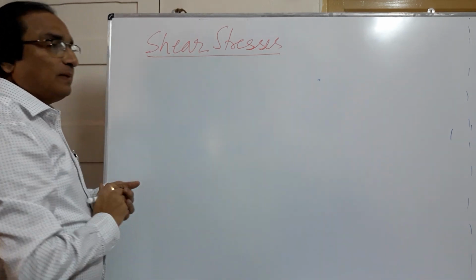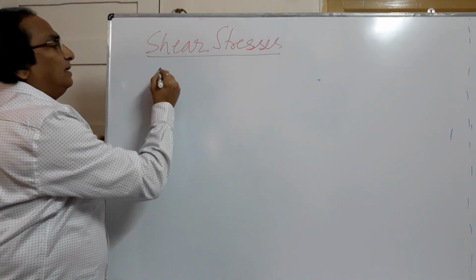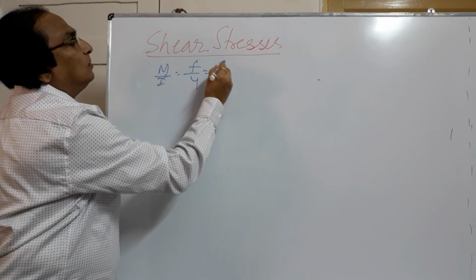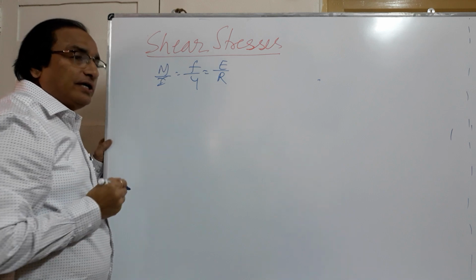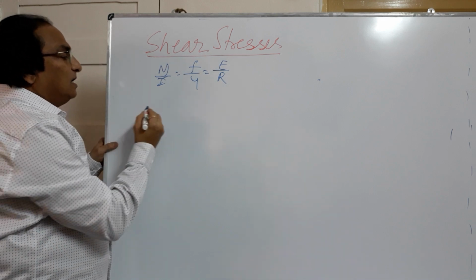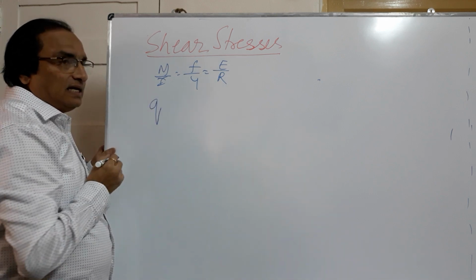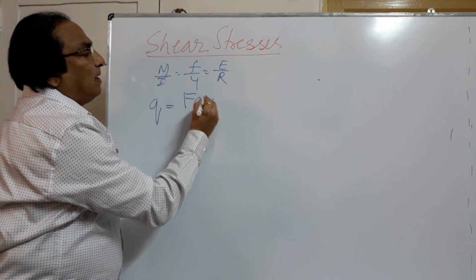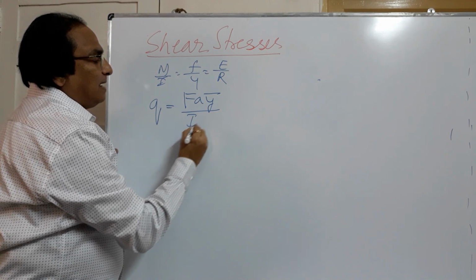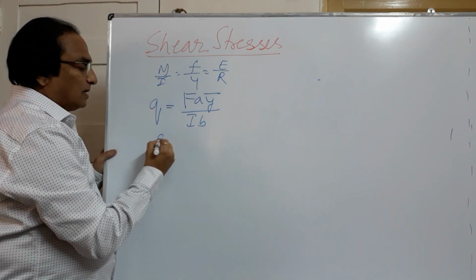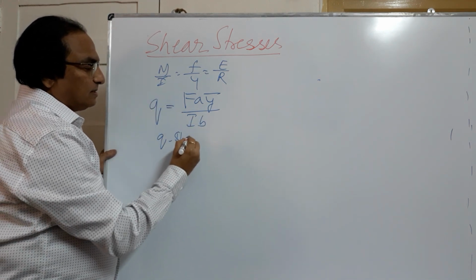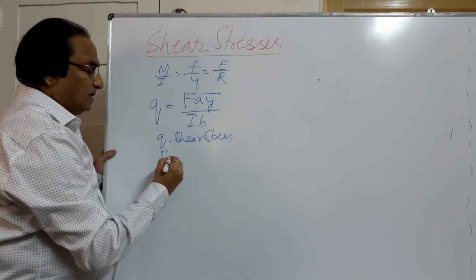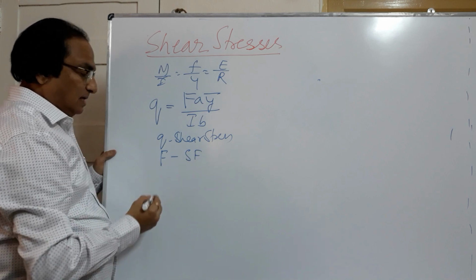As in theory of pure bending, we come across the formula M by I is equal to F by Y is equal to E by R. Here also, in case of shear stress, we get the shear stress at any level as q equal to F A Y bar divided by I B, where q is the shear stress and F is the shear force at the section.